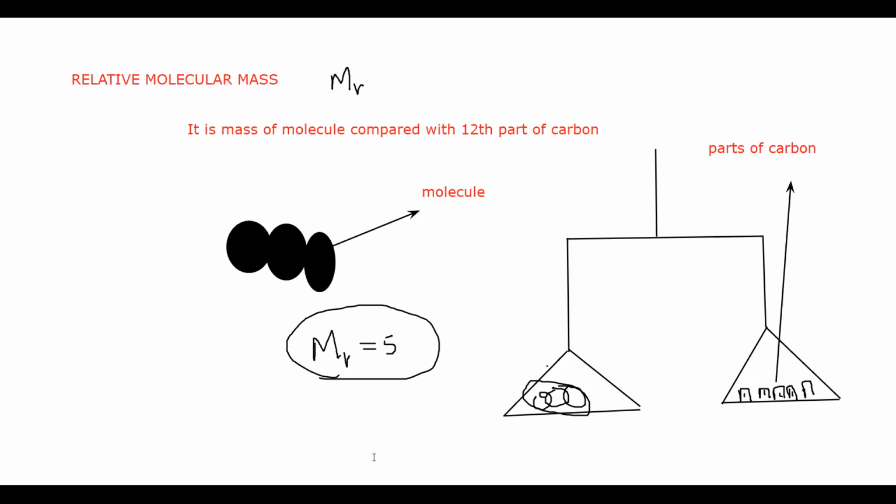Sir? Yes. Sir, like chlorine, it has 35.5. So what does it mean? It means 35 full parts and then a half part. Each unit is one. So 35 full units are there and one will be half. So 35.5 units of carbon will balance it.